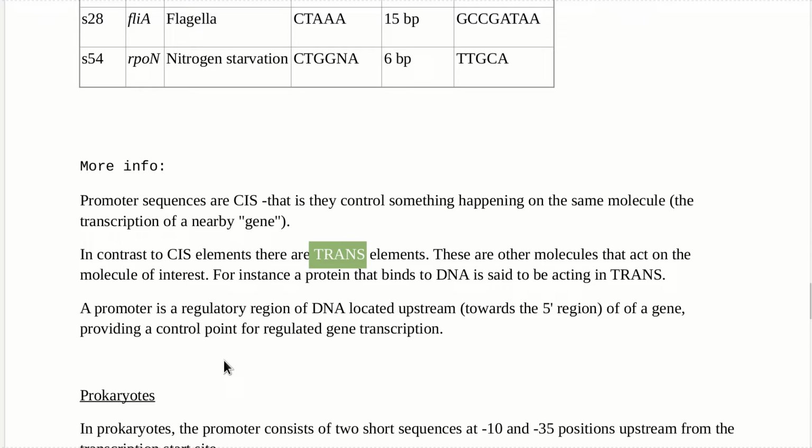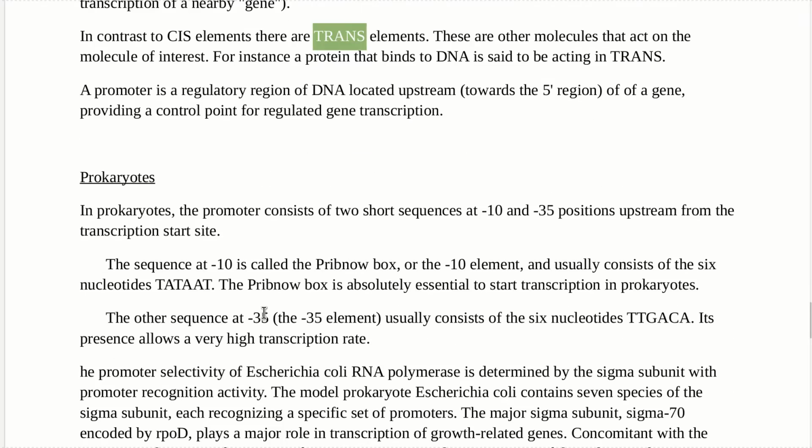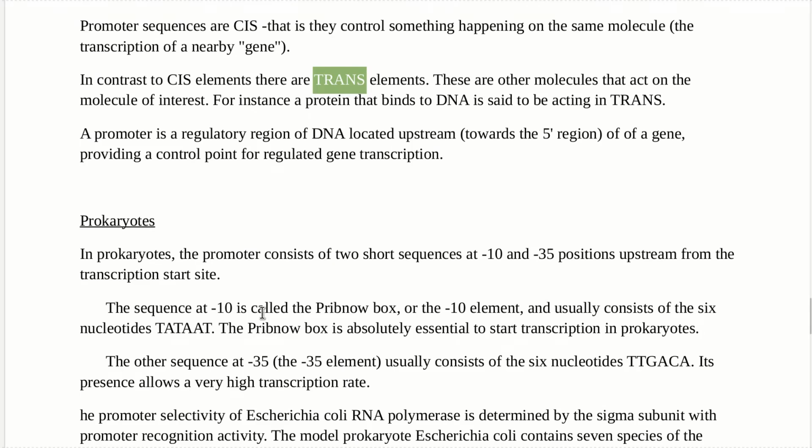So I would say RNA polymerase is trans to the lac-operon, but the TATA box is cis to your lac-operon. The O sequence is cis. The I protein would be trans. Things like that, and you need to understand that terminology.